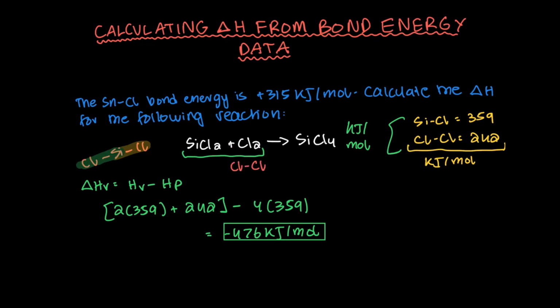And the Cl-Cl bond energy you can see over here, which is 242. So you put that down here. And you subtract that from the products. So in this case, you have SiCl4. Now, since there are 4 Si-Cl bonds, there's 1, 2, 3, 4, you're going to multiply 359 by 4. And you do reactants minus products to get your final answer, which is minus 476 kilojoules per mole.